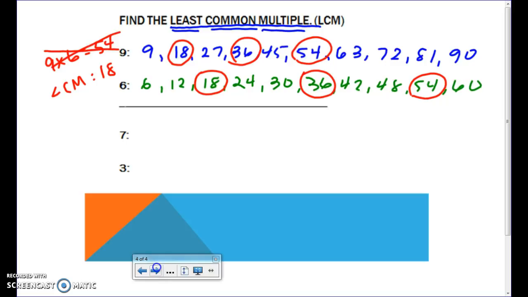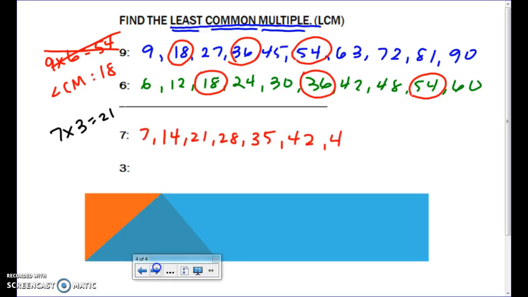Looking at 7 and 3, again, 7 times 3 is 21. Let's see if it works for this instance. For 7, it would be 7, 14, 21. And again, these are just the multiples of 7 that I'm writing down. I'm just taking 7 times 6, 7 times 7, 7 times 8, 7 times 9, all the way up to 7 times 10.